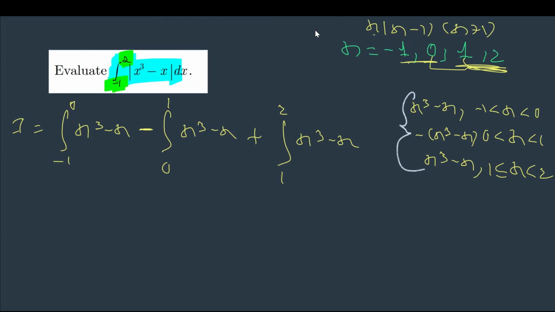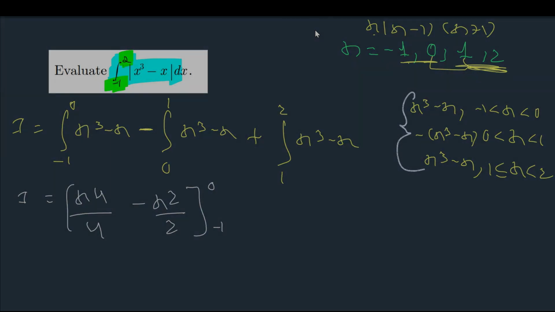Next, we have to find the integration of this. This seems to be easy only. Integration part. I is equal to x raised to the power 4 over 4 minus x raised to the power 2 over 2, and the limit will be, for the first, minus 1 to 0.